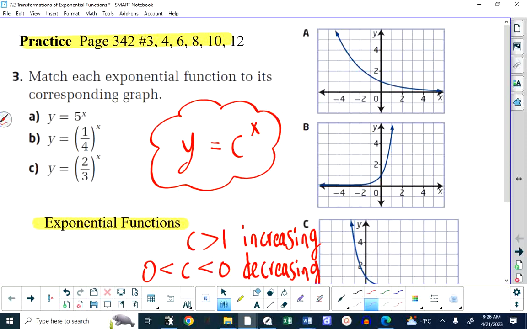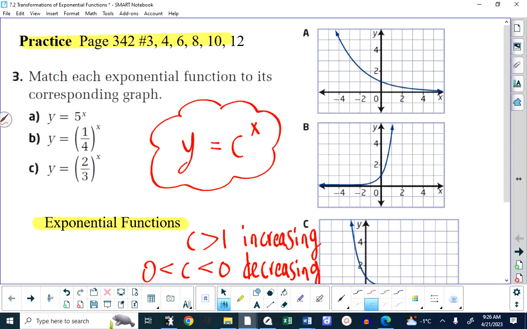Any function of the form y equals c to the x has to have a c value that falls into one of those two categories. You cannot have 0 as a base, you cannot have 1 as a base, and the base must be positive, so you cannot have a negative number as the base.